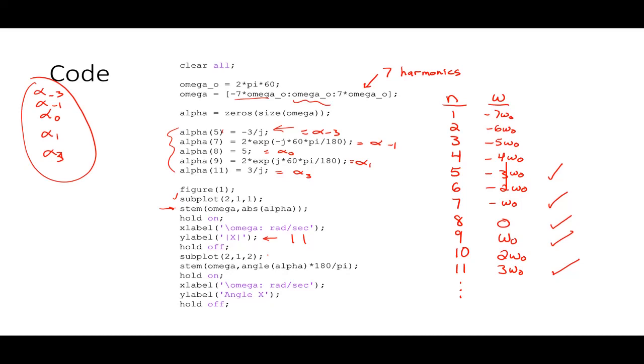And that's going to allow me to make what I call a discrete plot. It's not going to try to make connections and draw a line between the different points that I'm trying to plot. What it's going to do is simply place a circle with a stem on it at each individual point in the alpha and omega vectors.